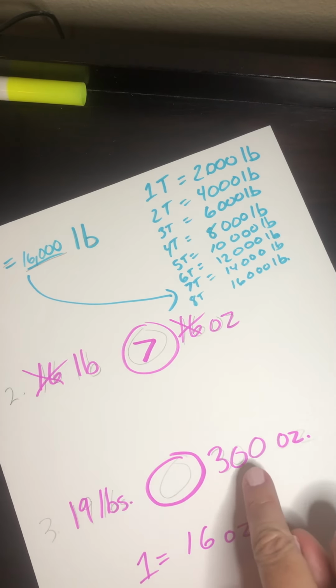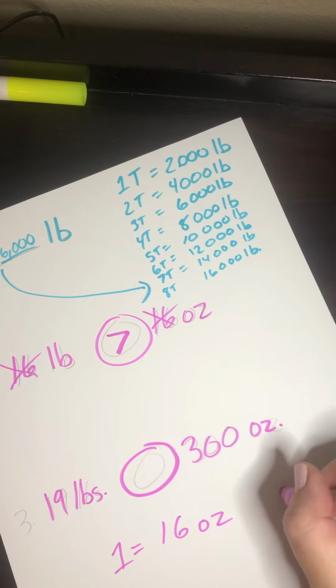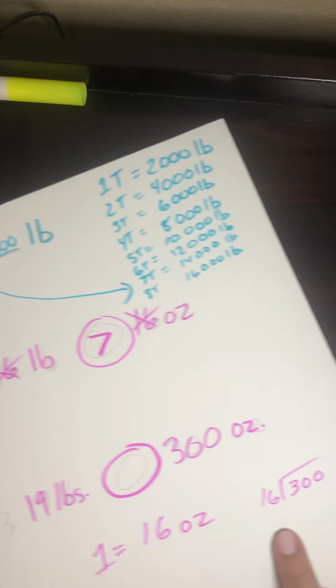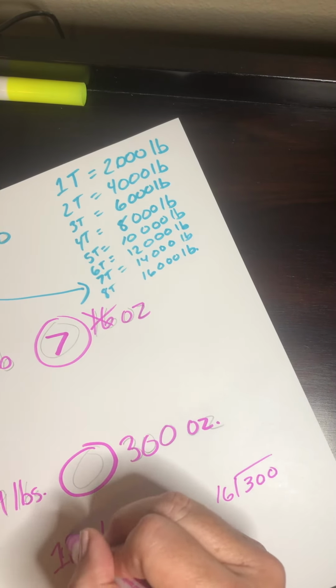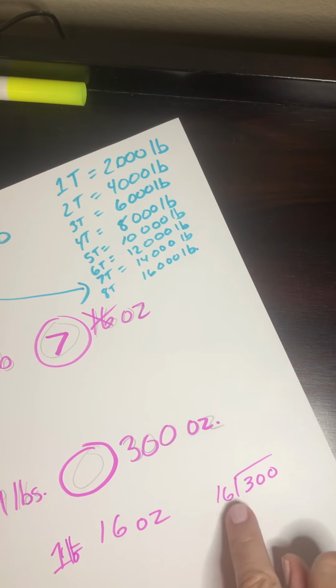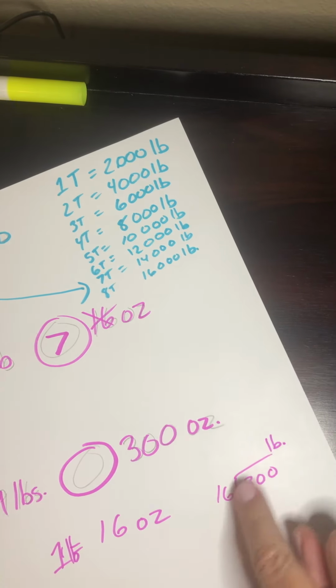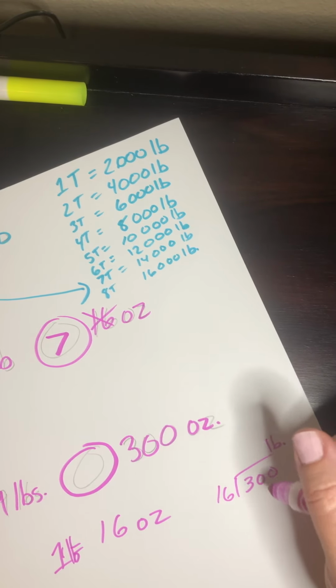So I need to think, how many 16 ounces are in the number 300? So I would divide 16 into 300 and think about how many pounds, because 16 ounces equal 1 pound. It may not match up exactly, but it'll get me close enough to see which one's greater.